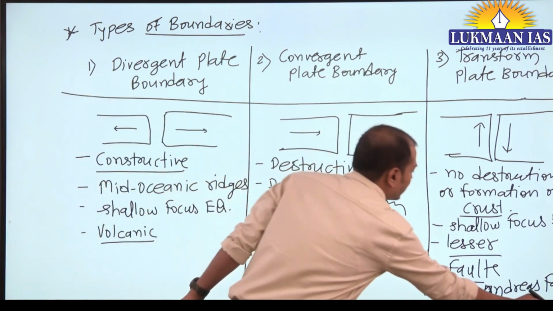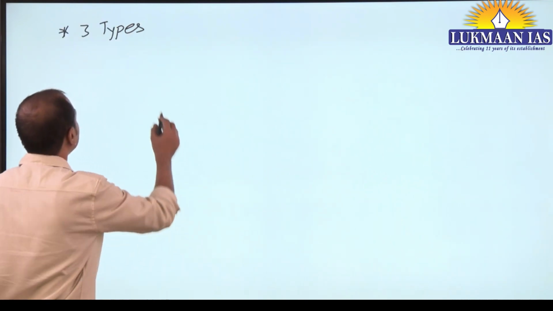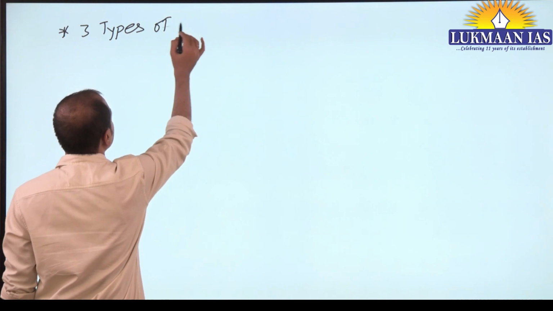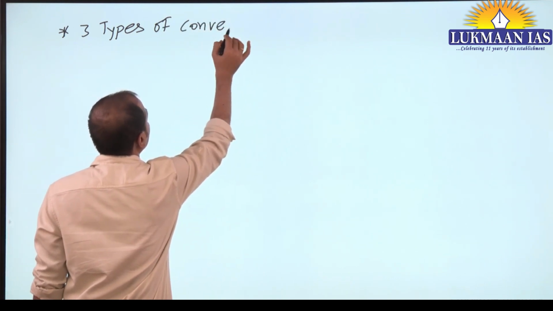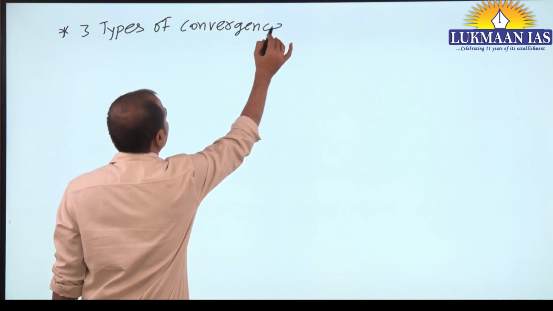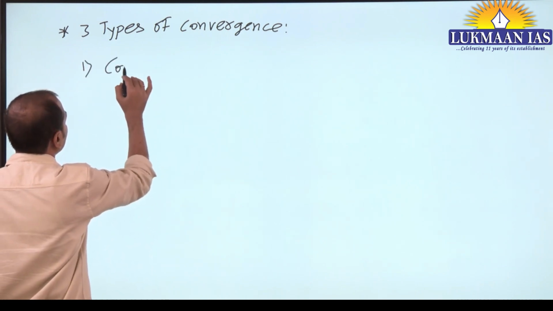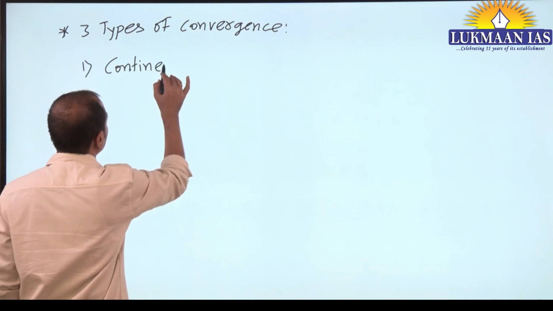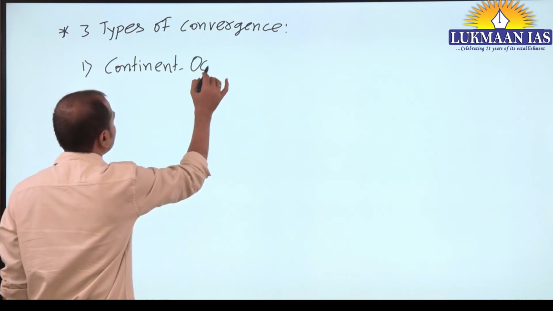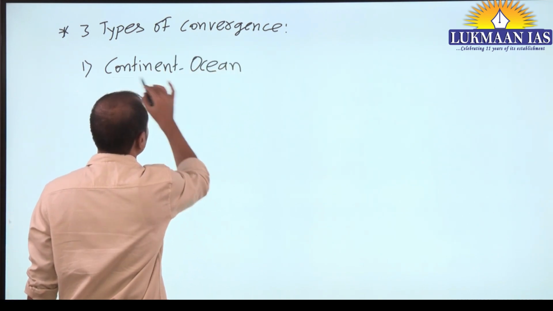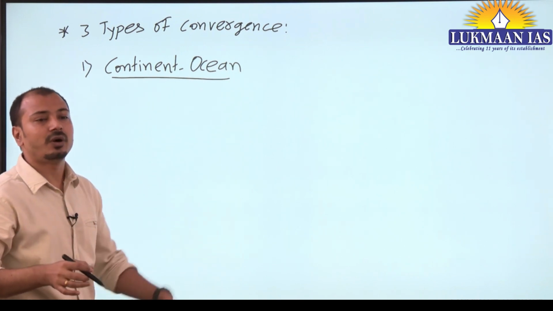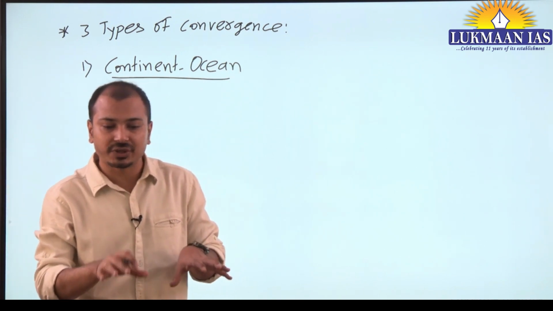Now the next part is three types of convergence. First, continent-ocean convergence. When I say continent-ocean, it means a continental plate is converging with an oceanic plate.